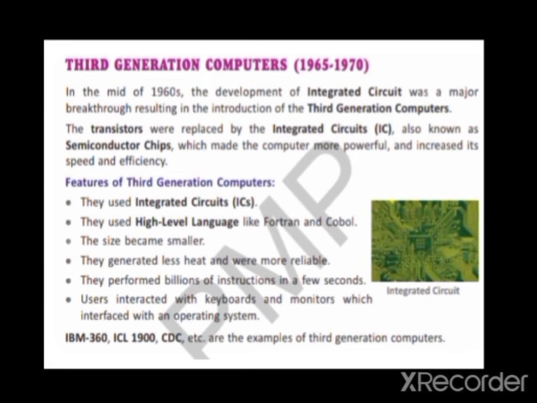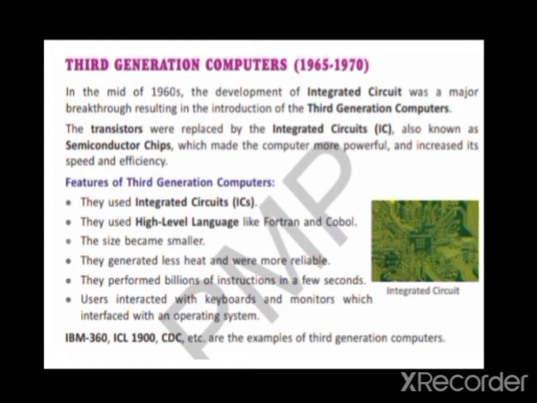Now, the third generation started in the year 1965 with some new modifications to second generation computers. In place of transistors, they used integrated circuits. What are these integrated circuits? They are also known as semiconductor chips. They are small chips, whereas earlier vacuum tubes were very big in size.